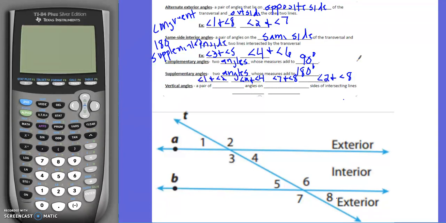Vertical angles are opposite and congruent. So it's a pair of congruent angles on opposite sides of intersecting lines. Some examples are 1 and 4.